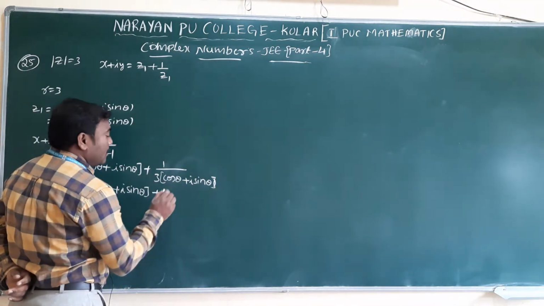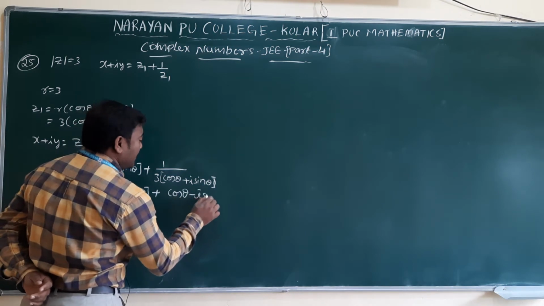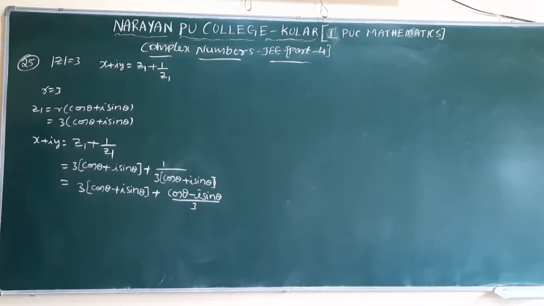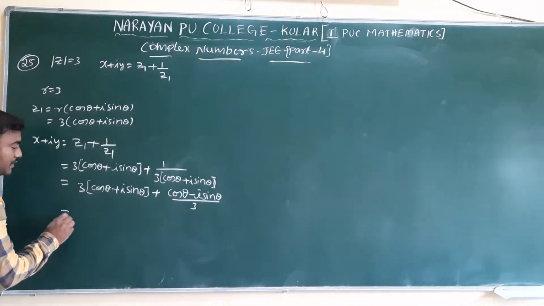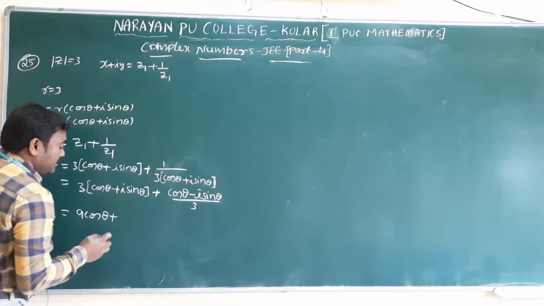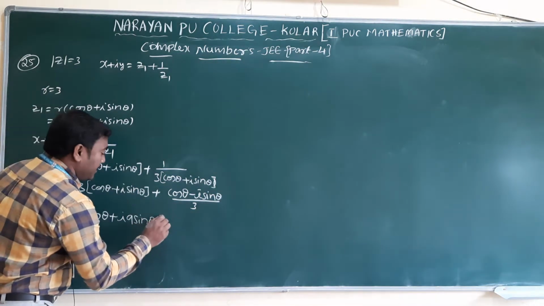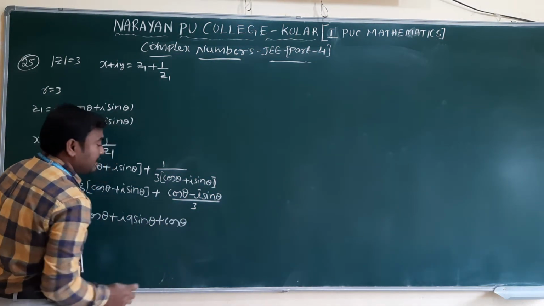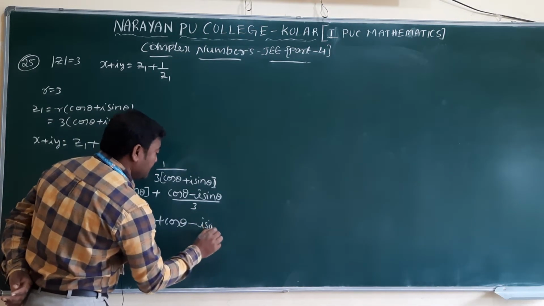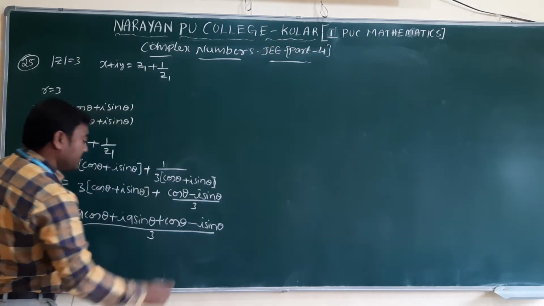So plus cos theta minus i sin theta, whole divided by 3. We have to take 3 as LCM. What we get here is 9 cos theta plus i into 9 sin theta plus cos theta minus i sin theta, whole divided by 3.